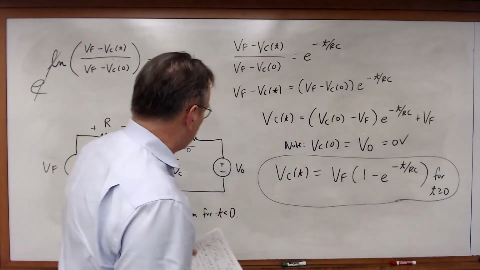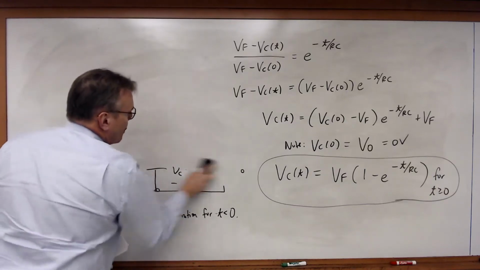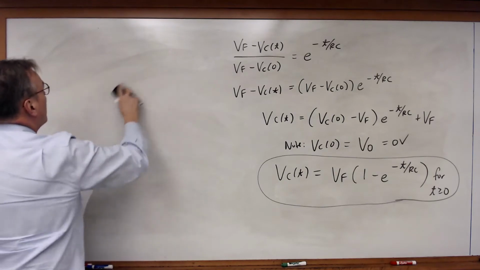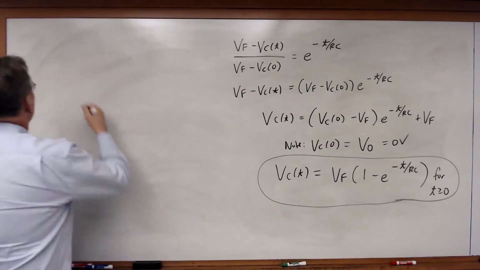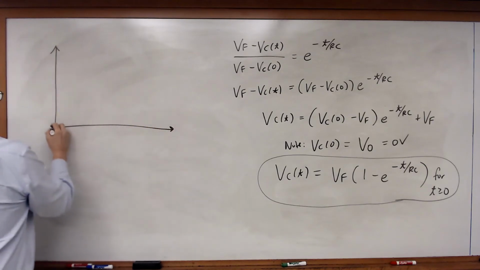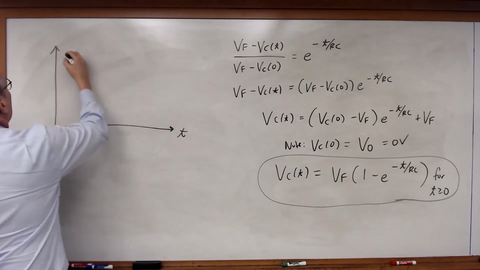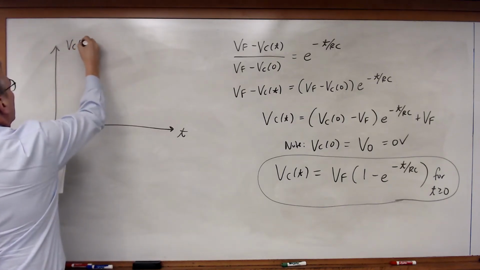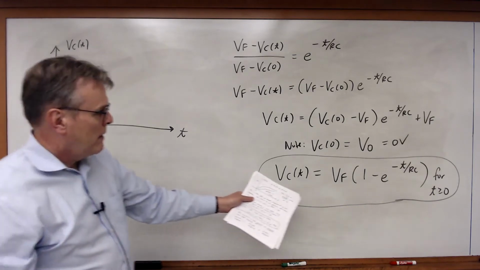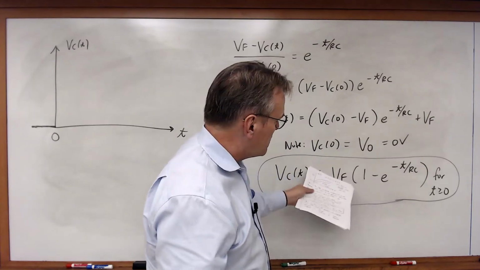Now, what does this look like? It looks like this. I start from a 0 initial condition. And then at time t equals 0, I've got 1 minus 1 is equal to 0.